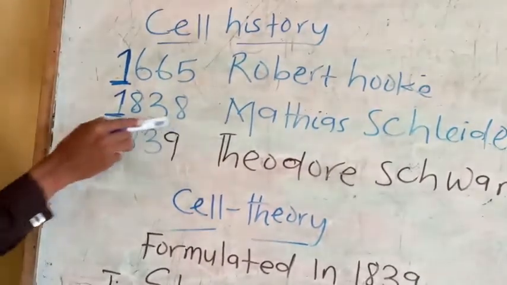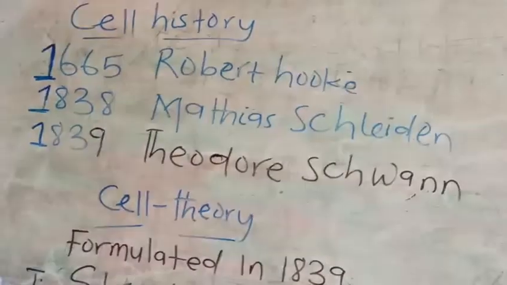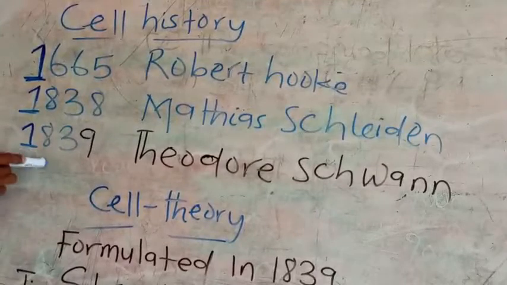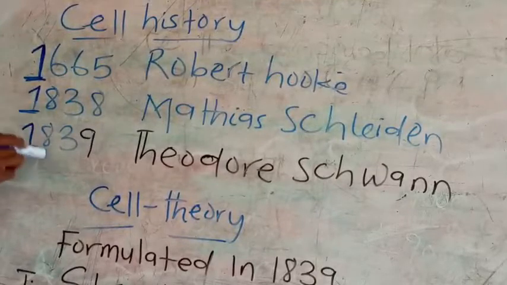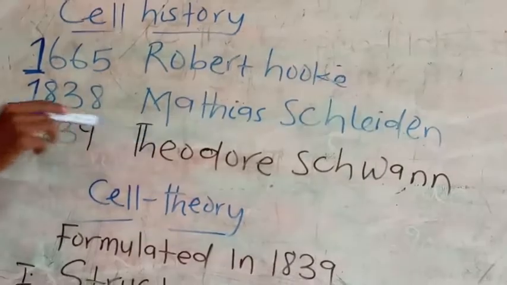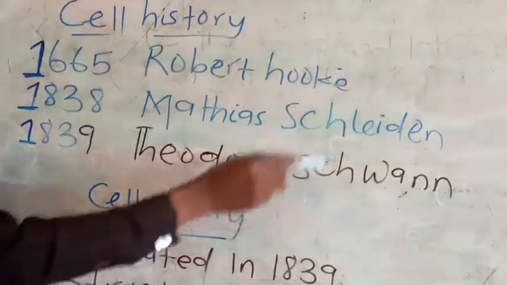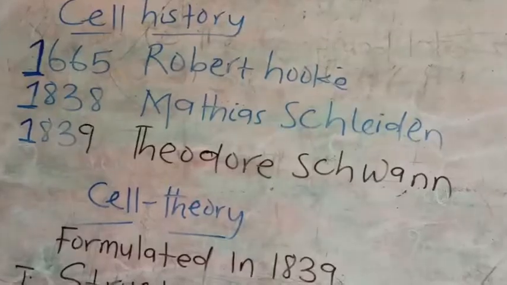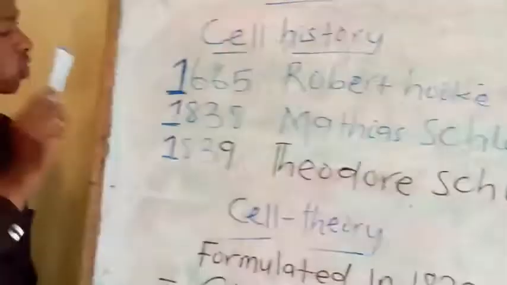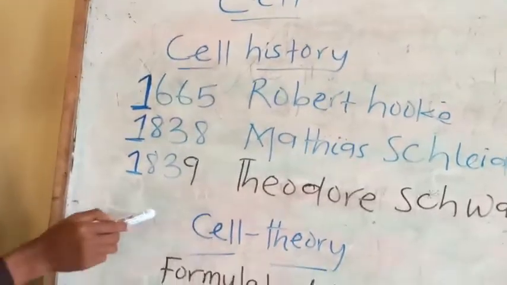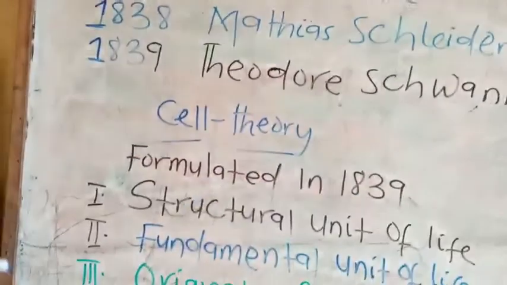In the year 1838, Schleiden discovered plant cells. A year later, in 1839, Schwann described and discovered animal cells. With the discovery of these two, the cell theory was formulated in 1839.